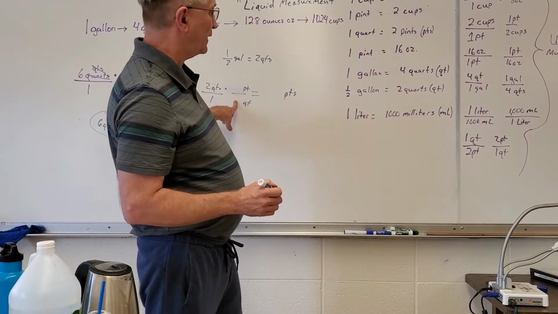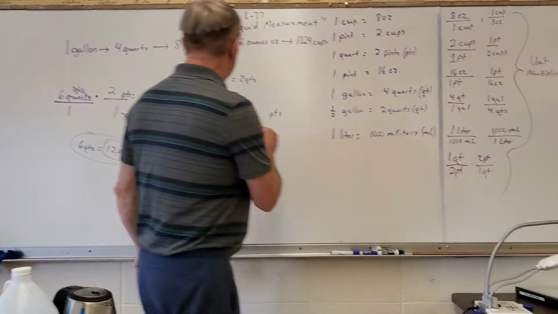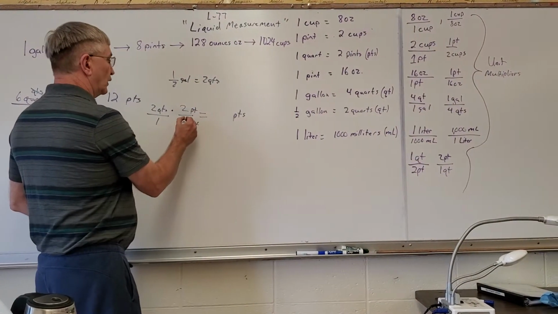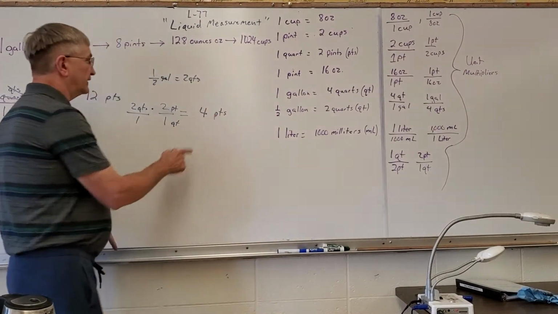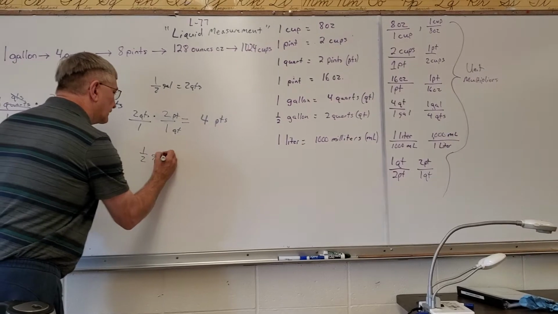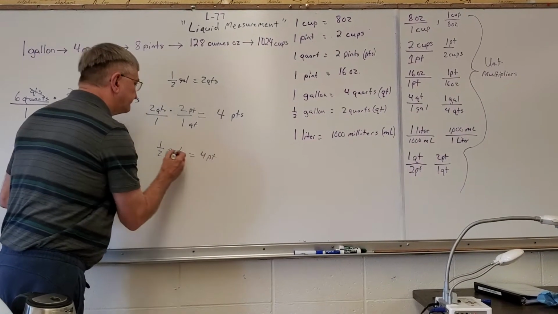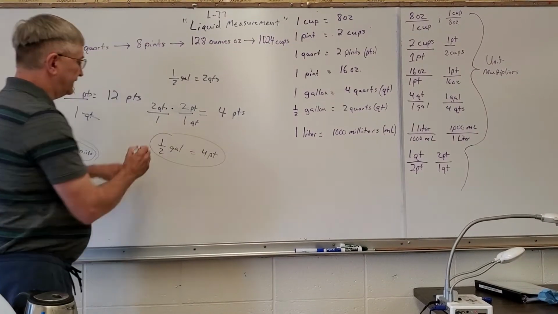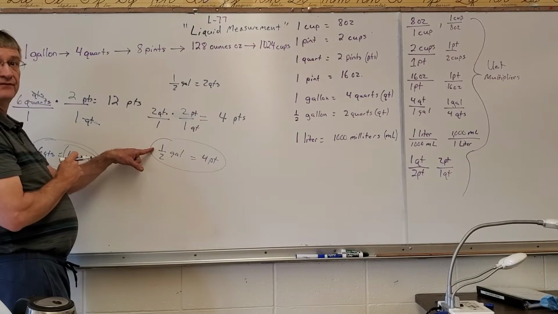So I look for it, pints to quarts. All right, at the top we have 2 pints, 1 quart, 2 times 2 is 4, so we know a half gallon equals 4 pints. And again, the half gallon I converted to 2 quarts to make it easier.